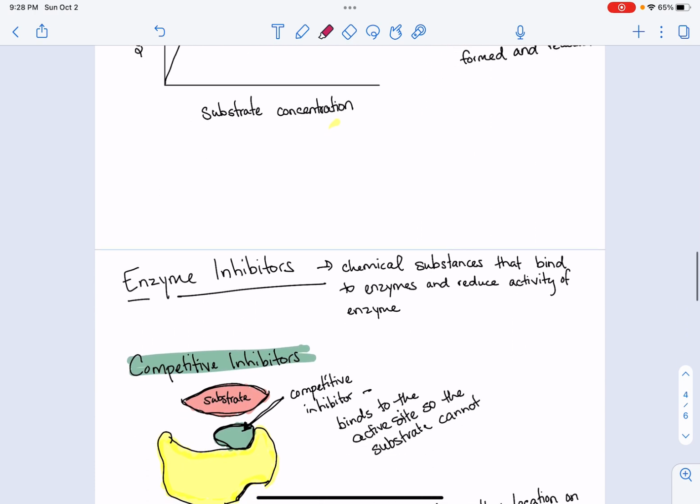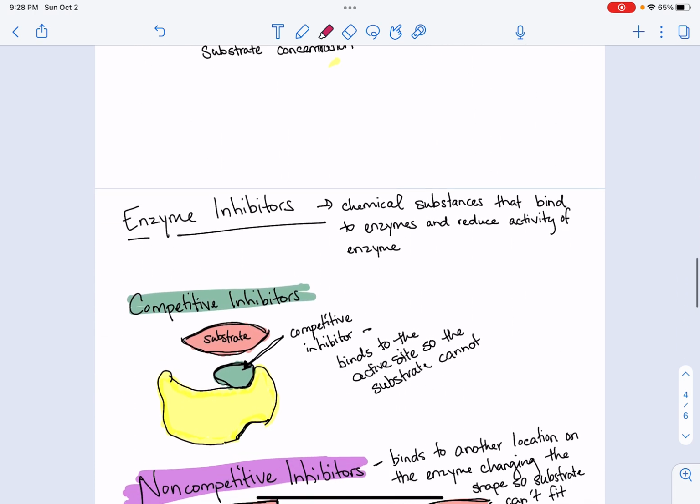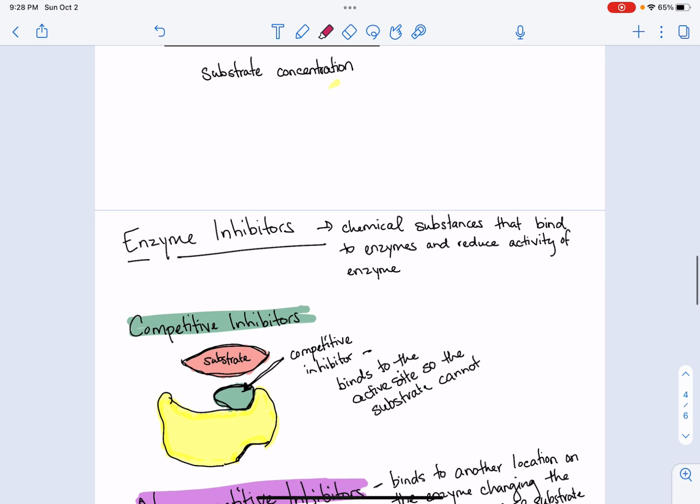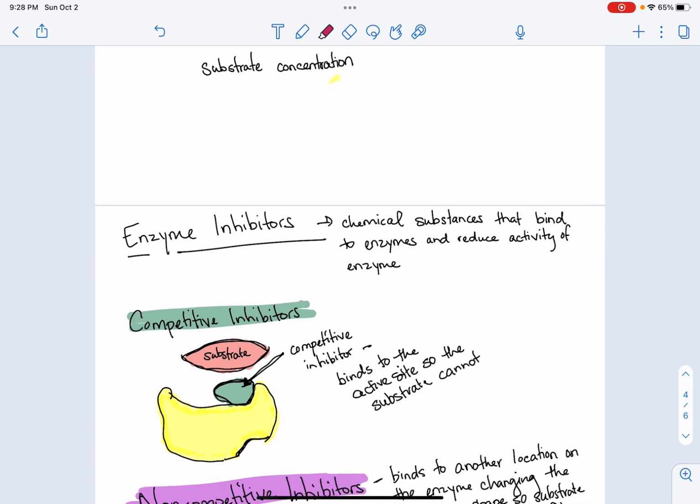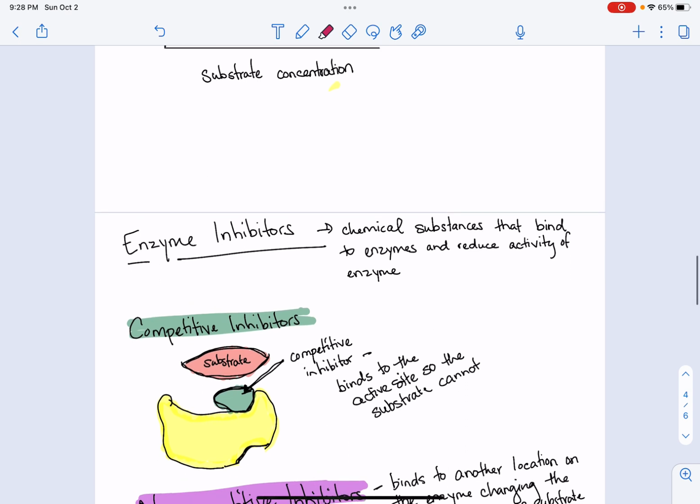So next we have to talk about enzyme inhibitors. Enzyme inhibitors are chemical substances, basically molecules, that can bind to enzymes and reduce the activity of enzymes. We have two types of inhibitors: competitive inhibitors and non-competitive inhibitors.